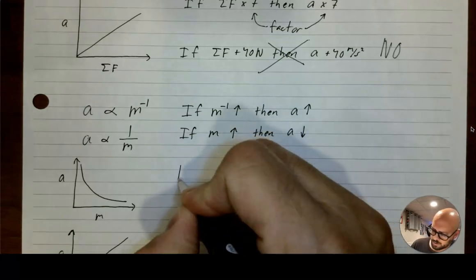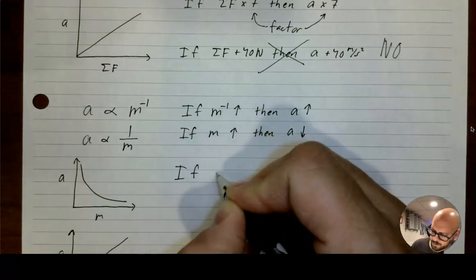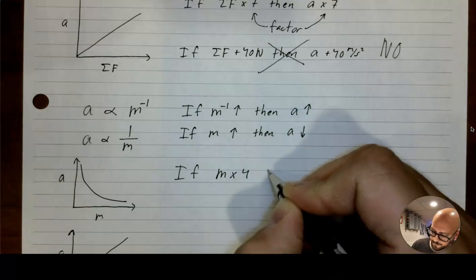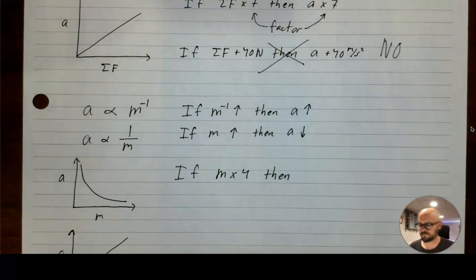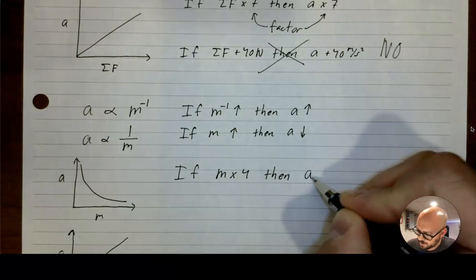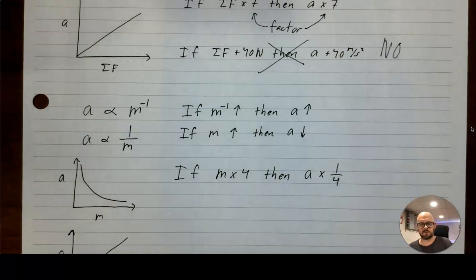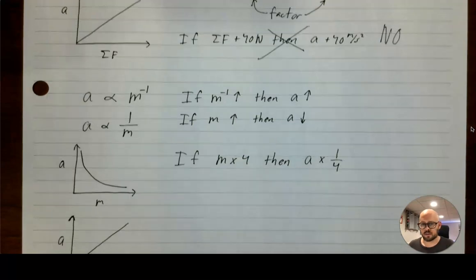So we would say if the mass is multiplied by 4, then the inverse happens to acceleration: the acceleration is multiplied by 1/4. If you have 4 times the mass, then you get 1/4 the acceleration. That's what an inverse proportionality looks like.